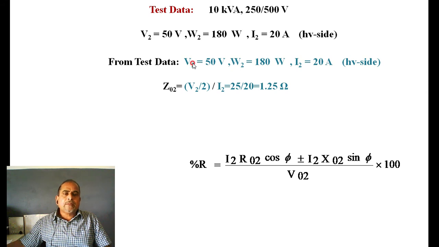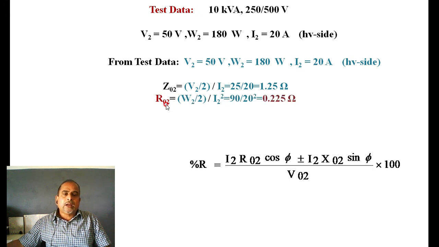V2 is impressed upon the two windings connected in series, so the voltage on the individual transformer is V2 by 2. Therefore ZO2 is equal to V2 by 2 divided by I2, that is 25 divided by 20, which is 1.25 ohm, the impedance referred to the secondary.